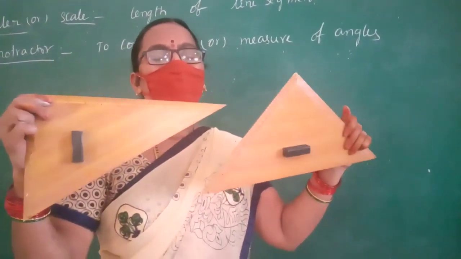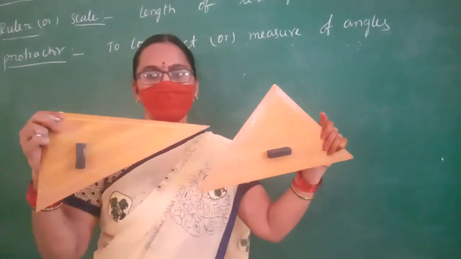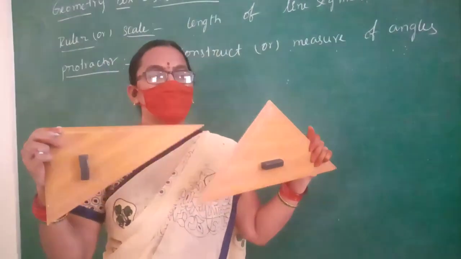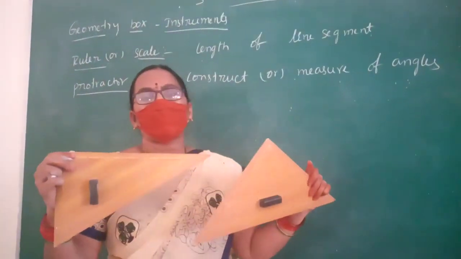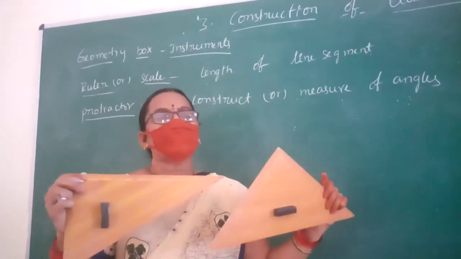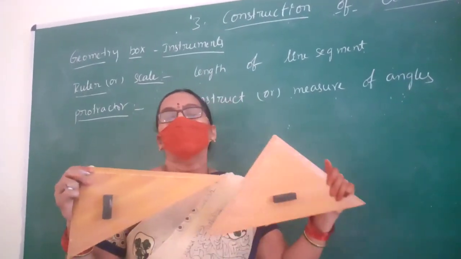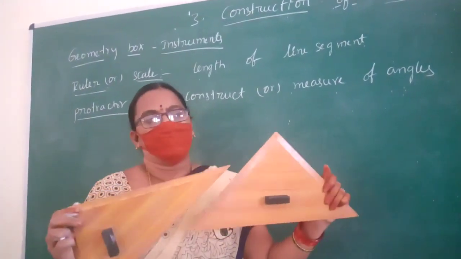Okay, children, what are these two? These two are called set squares. For which purpose do we use them? To draw parallel or perpendicular lines, or check whether the given lines are parallel or perpendicular, with the help of these two instruments.